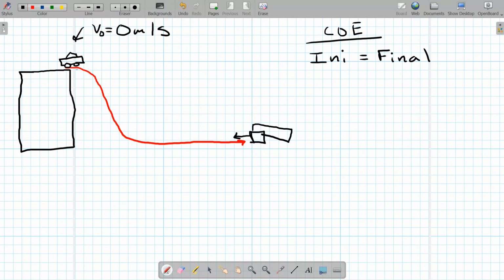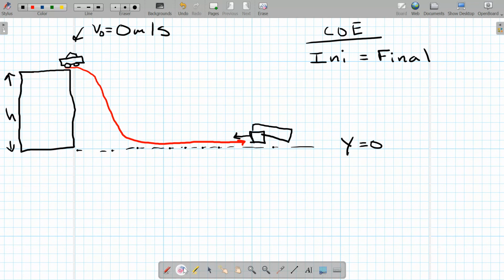But there's a couple of things that we do know. One is that it is a height above what we're going to consider the tabletop, your desktop. That's actually y final, right? So it'd just be y equals 0.